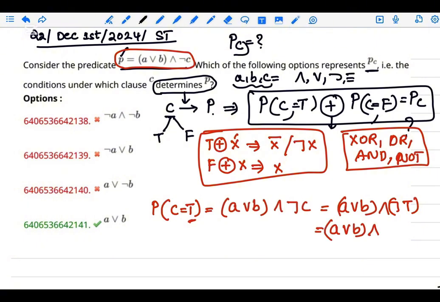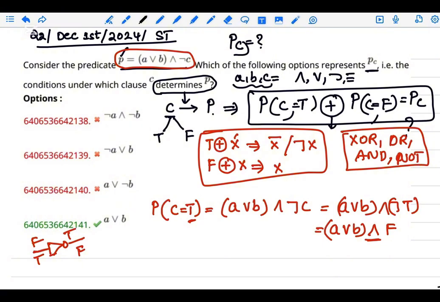Not of true is false. How do we represent the NOT gate? If we give true, it becomes false; if we give false, it becomes true. So that is false. Next, the AND gate.